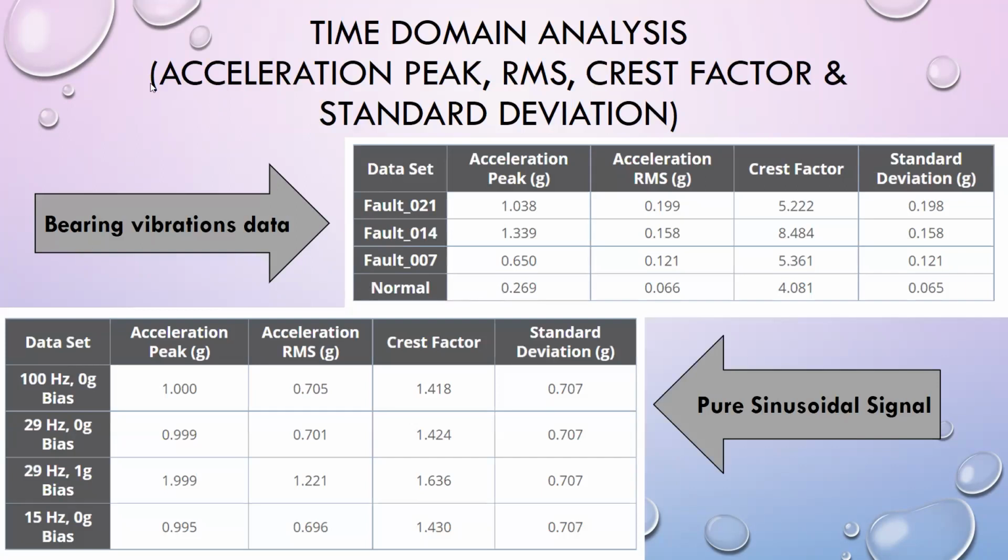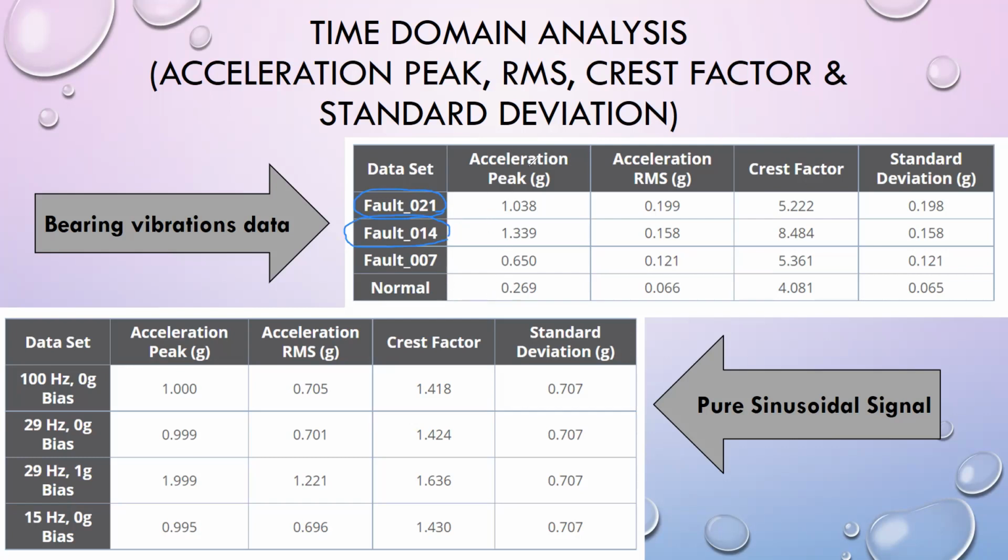Here you can see some data. For example, for the bearing vibration data, this is the acceleration peak. In this table, we have fault 0.021 and fault 0.014, in addition to fault 0.007 and the normal.